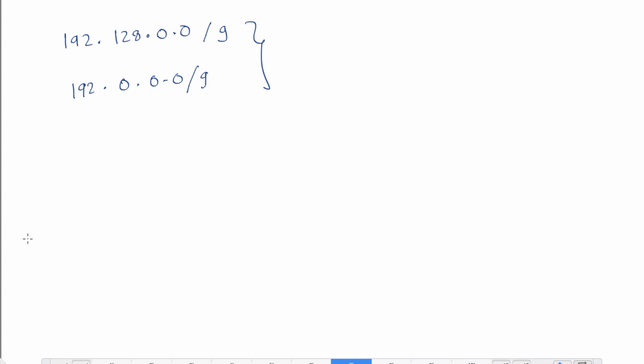The first step is to write this in binary. I'm not going to write 192 because 192 is common anyway, so I'm just writing 128 and 0. 128 means 1 followed by 7 zeros, and then dot 0 dot 0. For the other address you can write it in a similar way: 192.0.0.0, right?